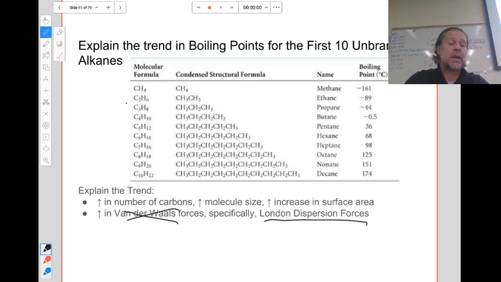Because there's more surface area for these molecules to touch each other and be attracted to one another, the more difficult it is to separate them when it comes time to boil them. So methane boils at negative 161 degrees Celsius, which is why it's a gas at room temperature. And decane, which is a pretty large molecule, boils at 174 degrees Celsius, so almost a full 100 degrees greater.